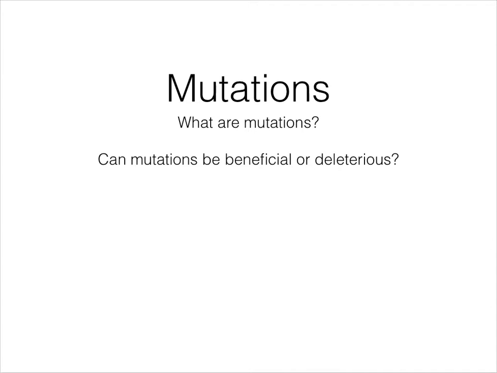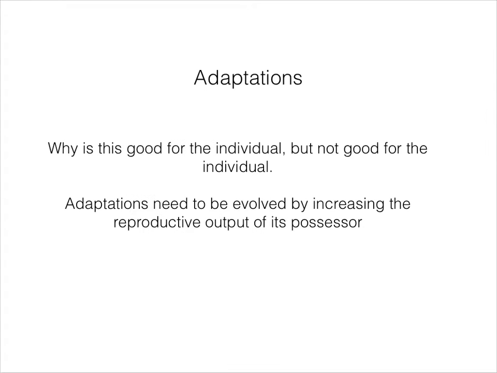So for example, for the mice, if a mutation were to cause a mouse to be black, but it lives in an environment where the surroundings are lighter, so in this case a beach, then the chances of it being seen by a predator are much higher, making this mutation probably deleterious. Whereas vice versa, if you were to get a white mouse living in a dark environment, in this case a field with lots of mud, then this mutation can be beneficial and increase the fitness of these mice.